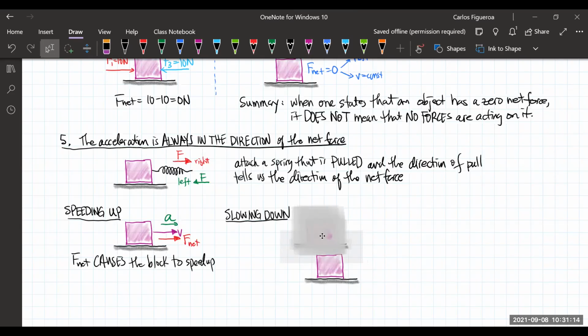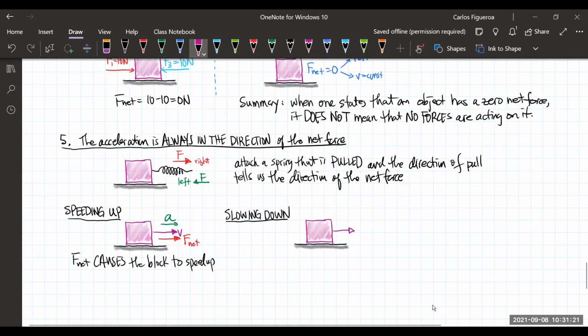I want to make this thing slow down, but we have to be careful. We know the velocity is going to the right. What do I have to do to the spring to slow down this car? What we do here is attach the spring in the back.